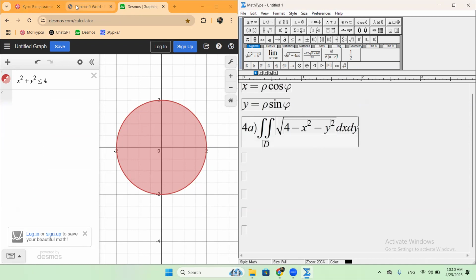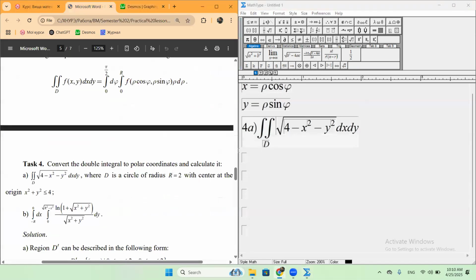So let's check this. From this equation, x square plus y square is less or equal than 4.